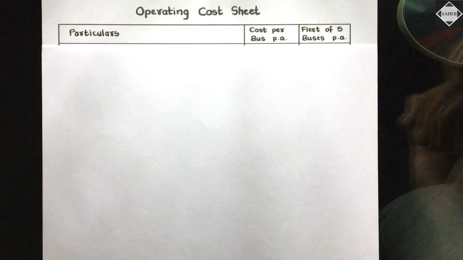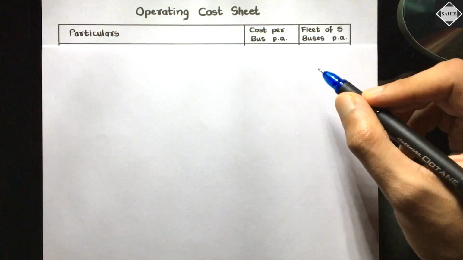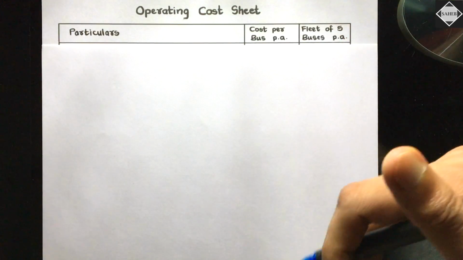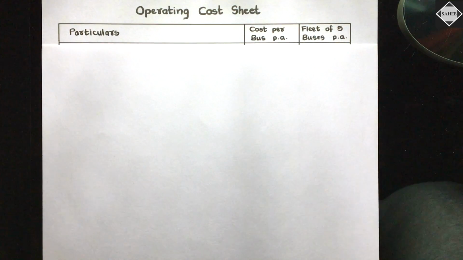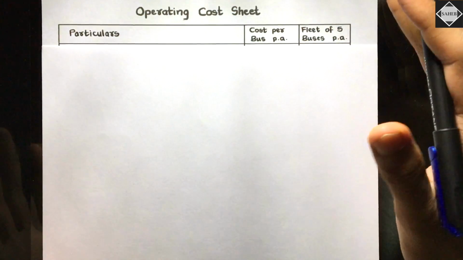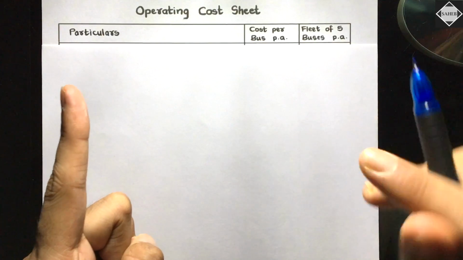We have 2 total cost columns over here because the question has asked for it. There is no per unit column, because cost per unit we are going to do at the end, separately below. Is it clear? Okay. So, cost per bus per annum. We are going to think we have only one bus and we are calculating the cost of that for a year.